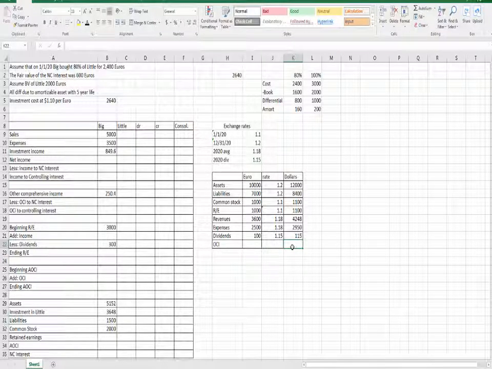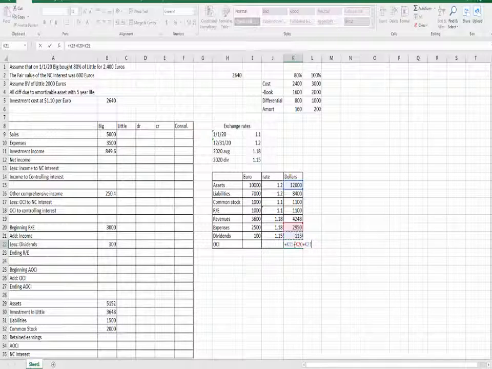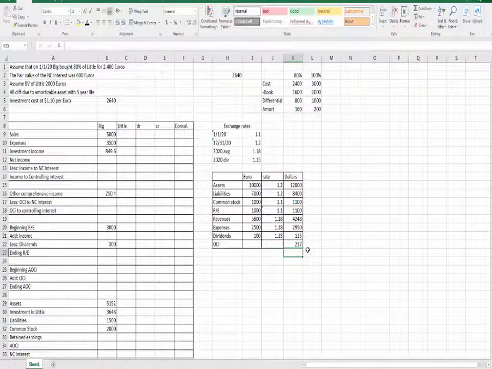And so we're going to need this plug figure, and so I'm going to do debits minus credits. So assets plus expenses plus dividends, so those are my total debits, minus my credits: liabilities, minus common stock, minus retained earnings, minus revenue. That gives me a plug figure of $217.